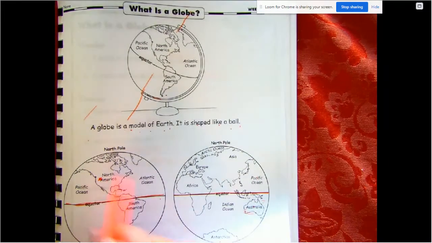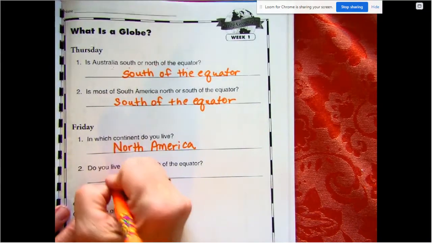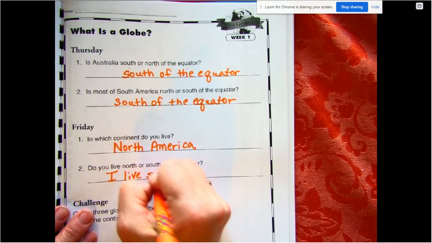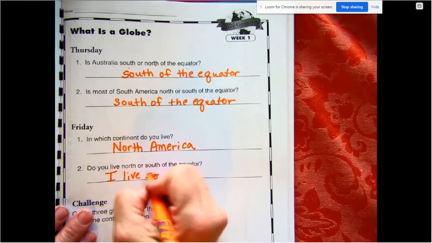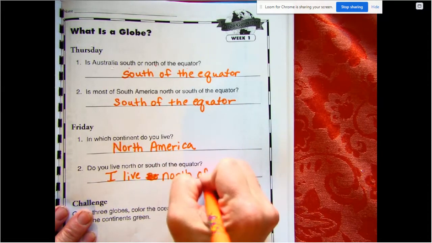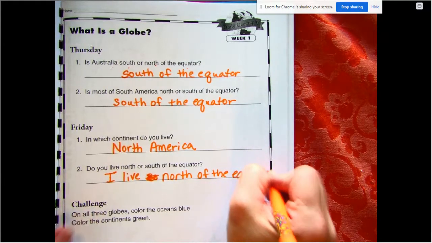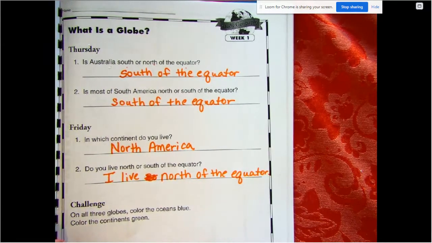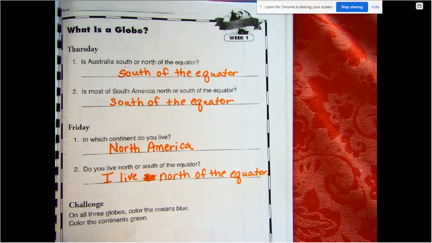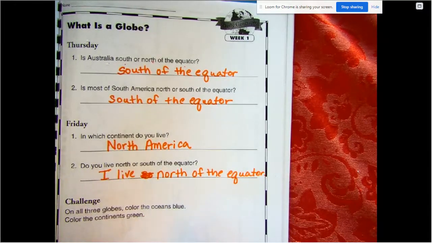Do we live north of it or south of it? I live north of the equator. All right. So make sure you pause this so you can get these written down.